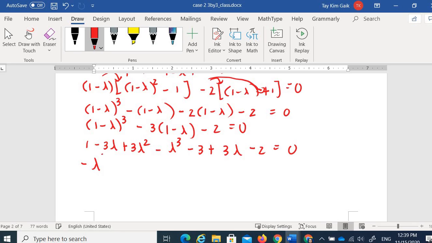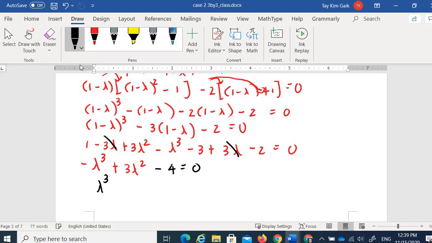So negative lambda cubed, and then you have here plus 3 lambda squared. So minus 3 lambda plus 3 lambda, the linear term is gone. So minus 3, minus 2, minus 5. 1 minus 5, we have minus 4 equal to 0.